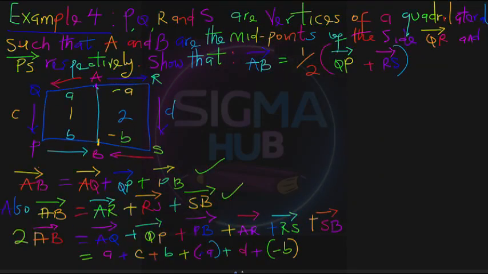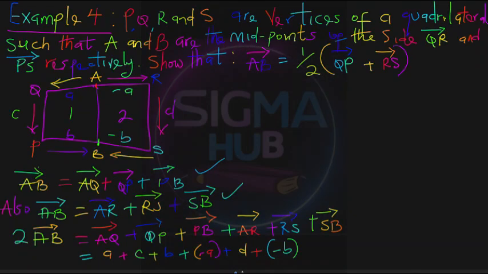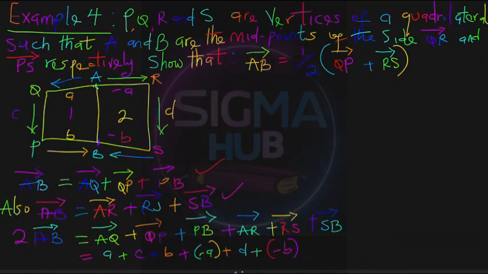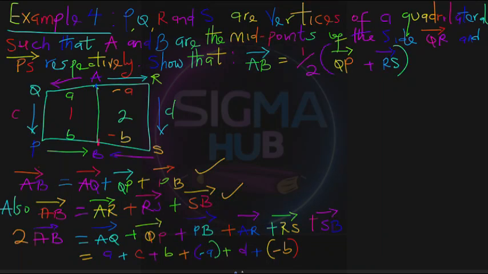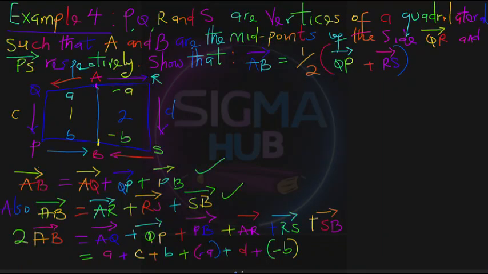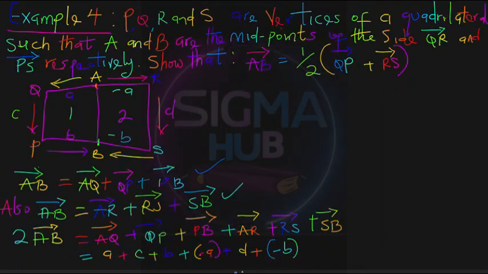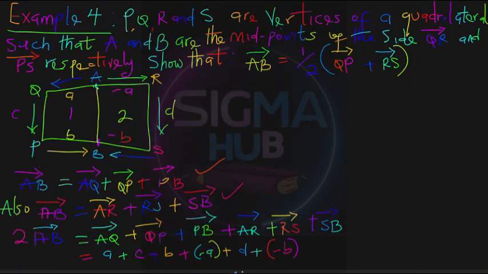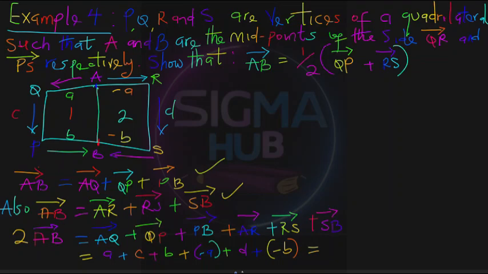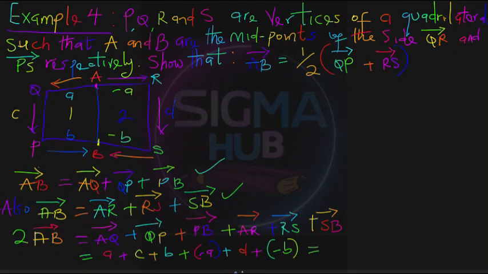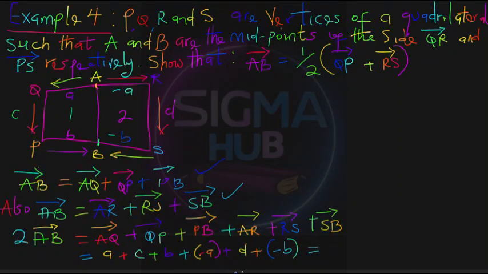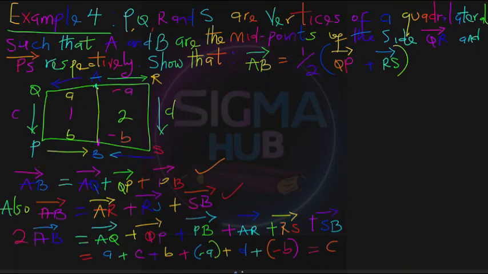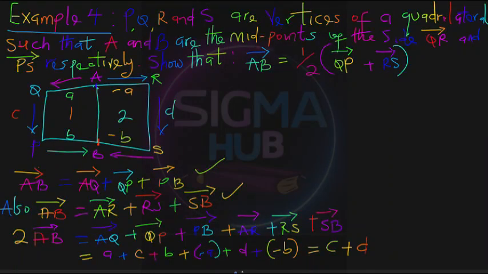So we have all this. Now when we put all this together, A and minus A cancel each other out, and B and minus B also cancel each other out. So we are left with C plus D. Why?